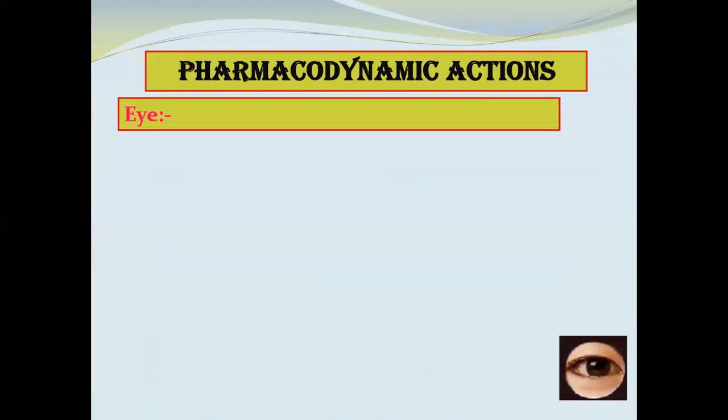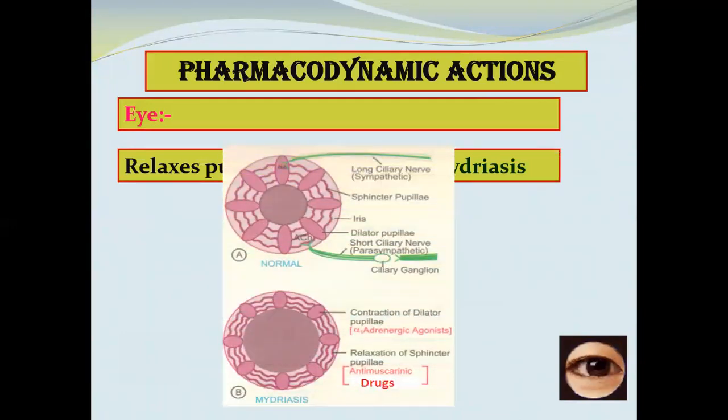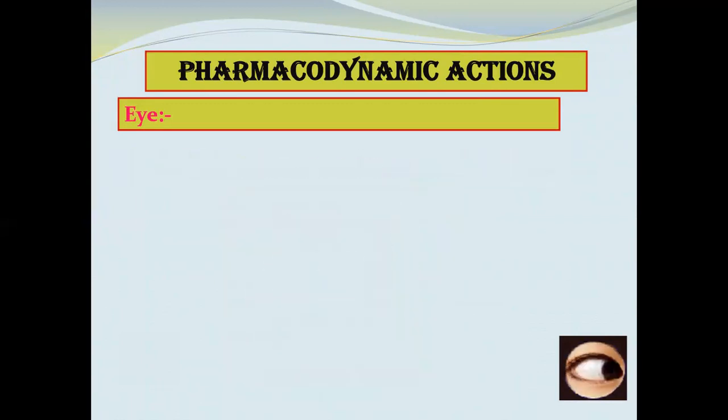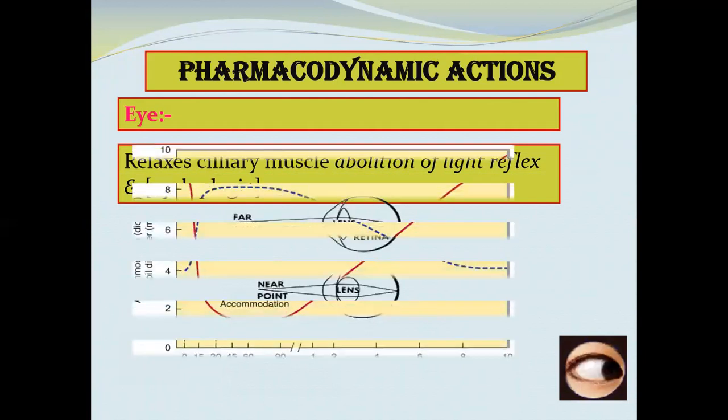In the eyes, it relaxes the pupillary constriction, causing mydriasis. It also relaxes the ciliary muscle, abolishing the light reflex, and can go into cycloplegia.